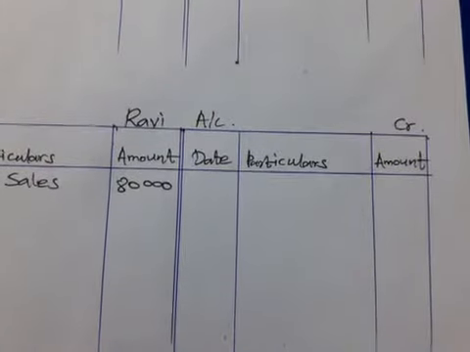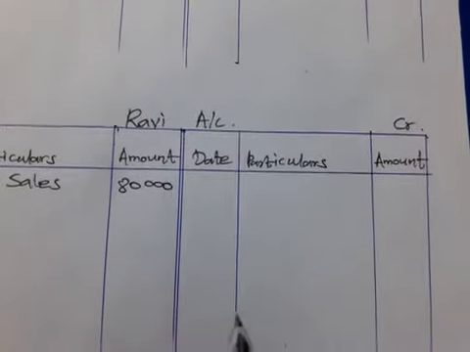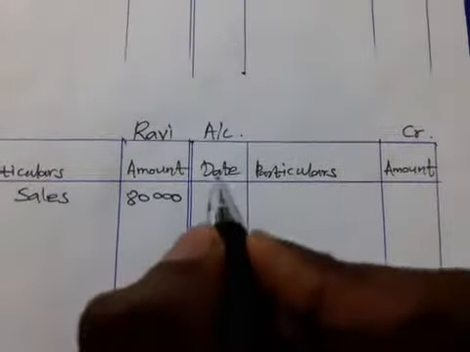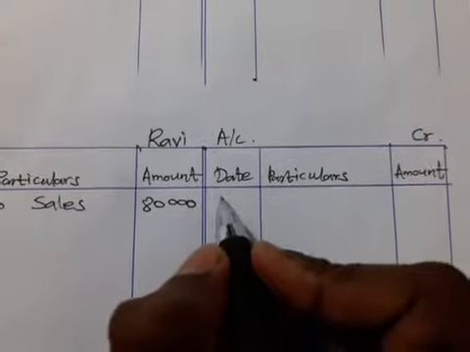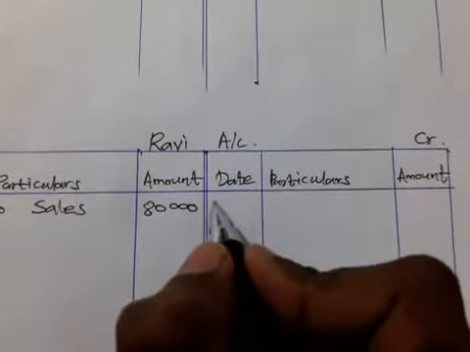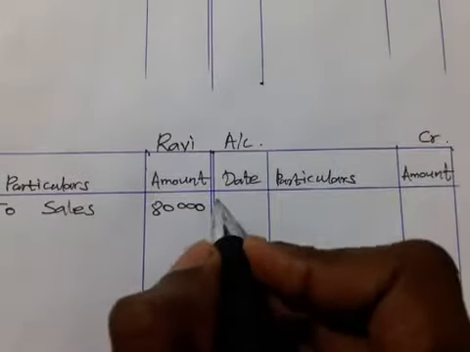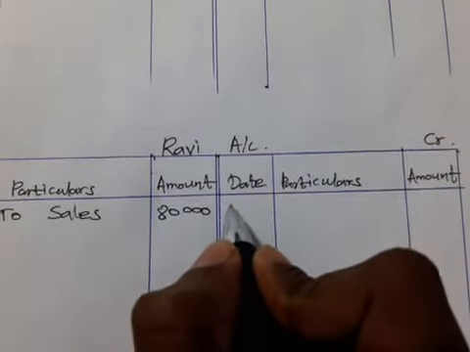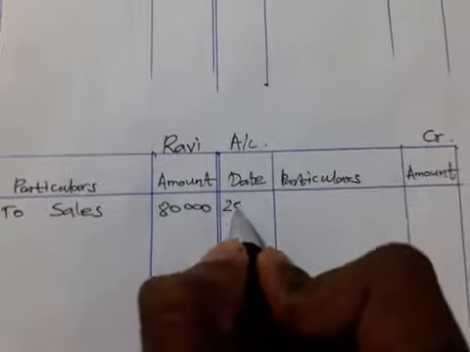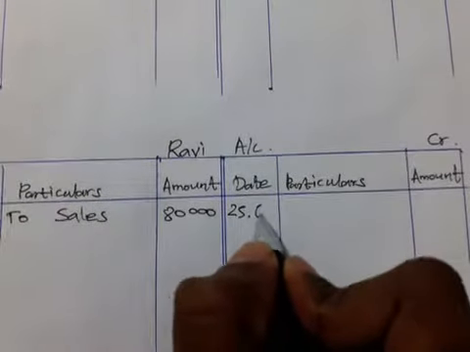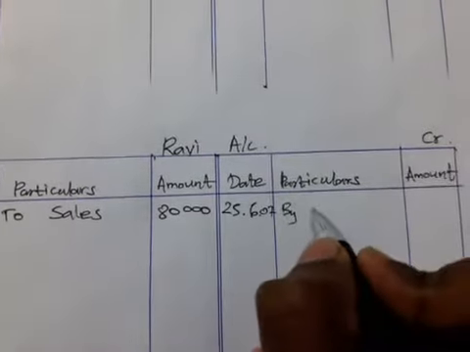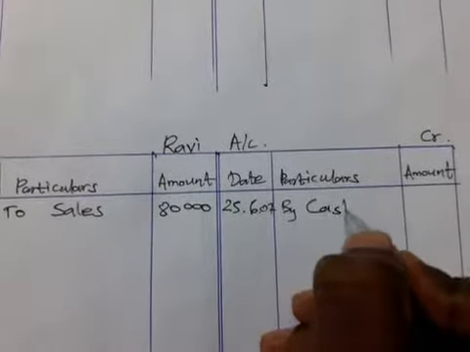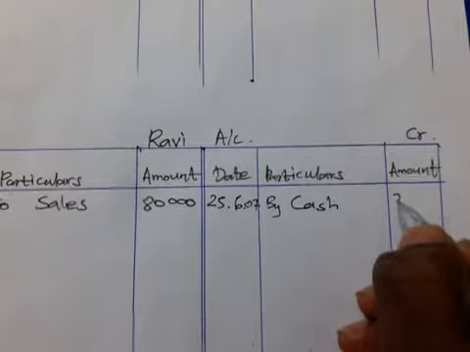In Ravi account, Ravi is a debtor. A debtor is an asset type of account, but in this case it is decreasing because we received the cash. So the entry will come in the credit side of Ravi account. By cash, 30,000.